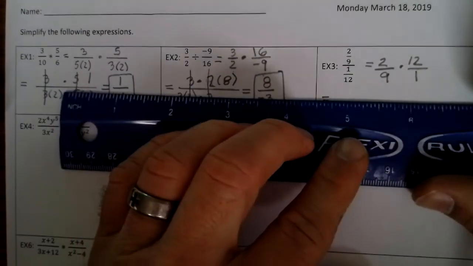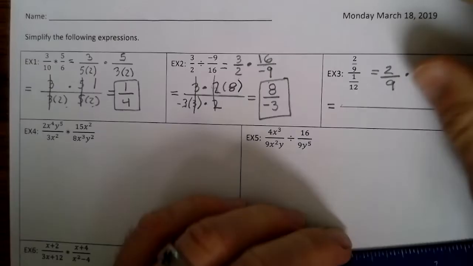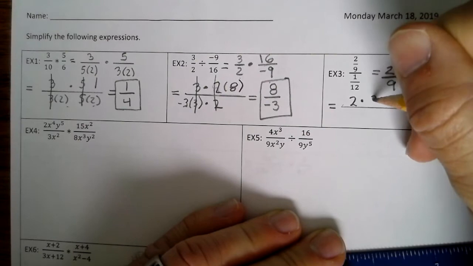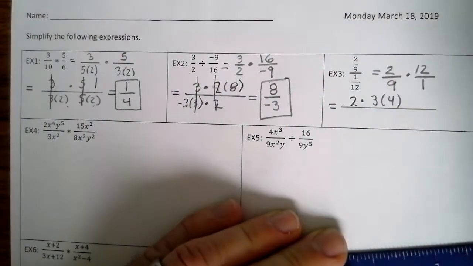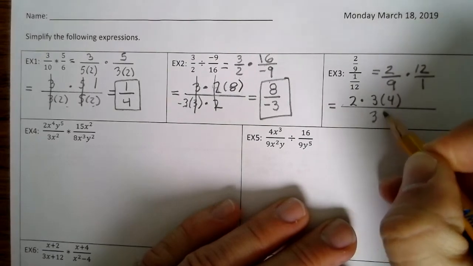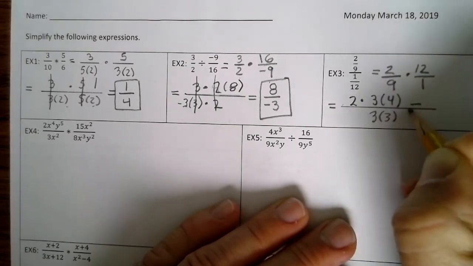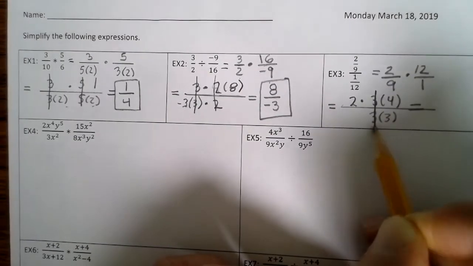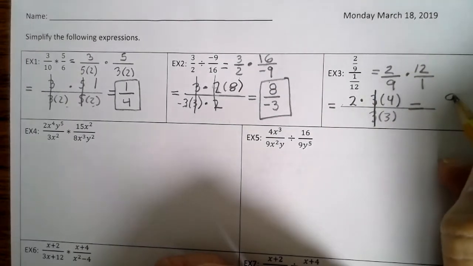Now the numerator can be written as 2 times 12 can be written as 3 times 4. And then 9 can be written as 3 times 3. Again, the reason we do that is because now we have 3 divided by 3 is 1. 2 times 4 is 8, so it's 8 divided by 3.